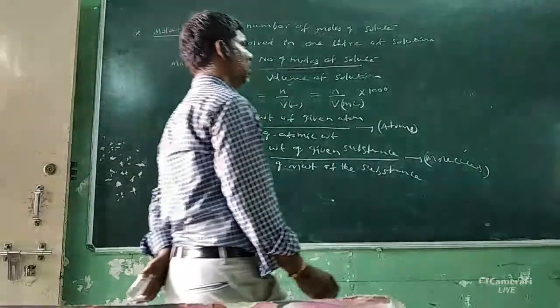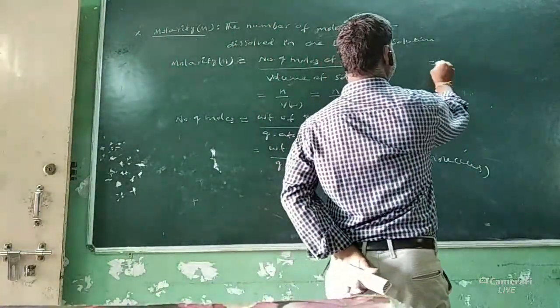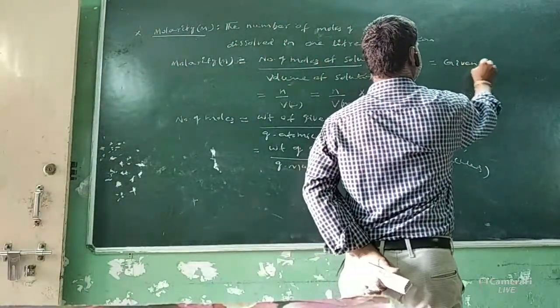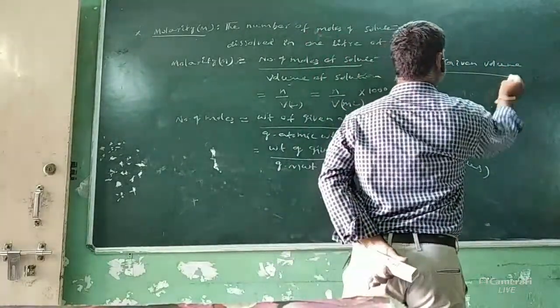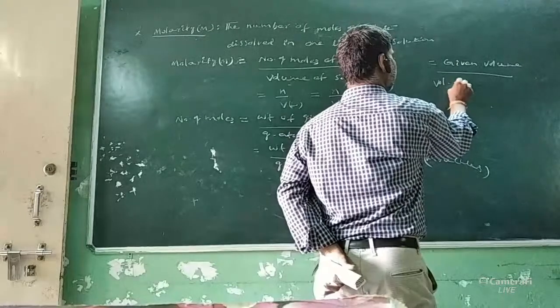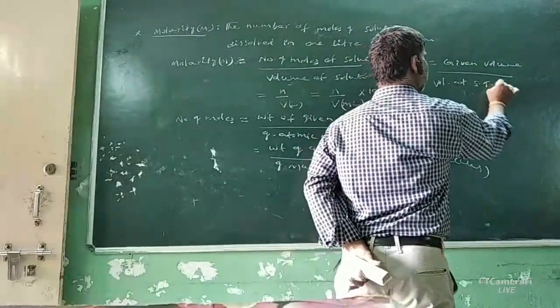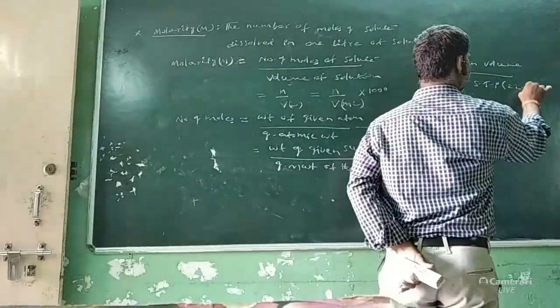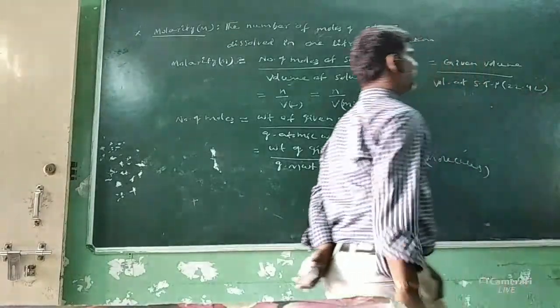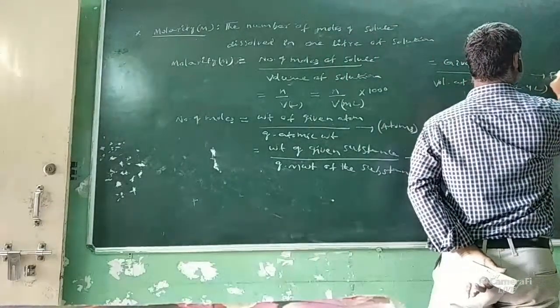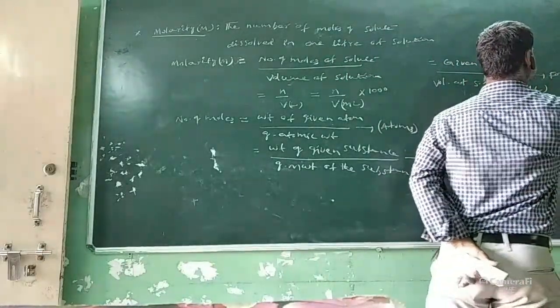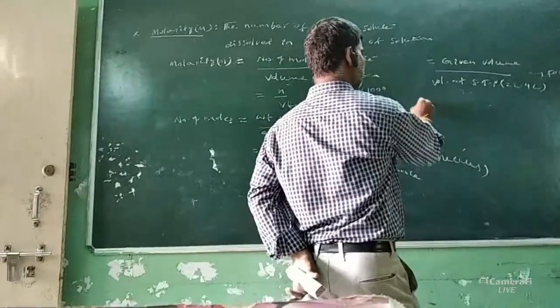And given volume by volume at STP, nothing but 22.4 liters. That is generally for gases.